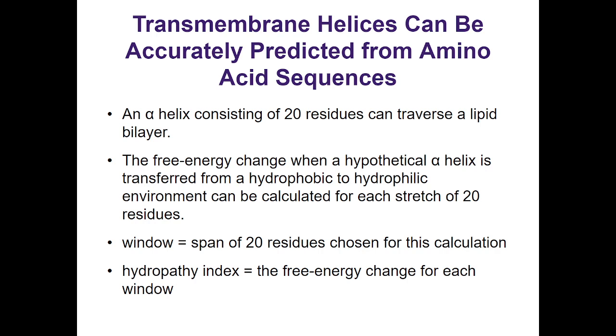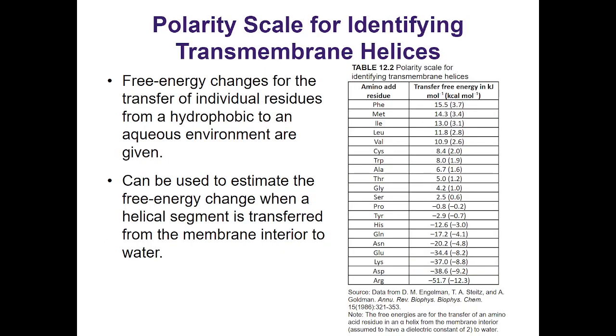The transmembrane helices can be accurately predicted from amino acid sequences because the sequence is going to have a lot of R groups exposed to the hydrophobic conditions. That would be these ones right up here, right? If you have any of these ones, what's going to happen? Not going to stay in that lipid membrane, is it?